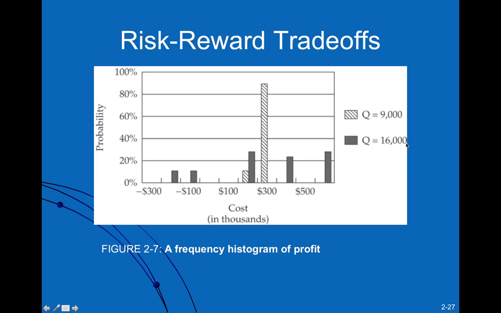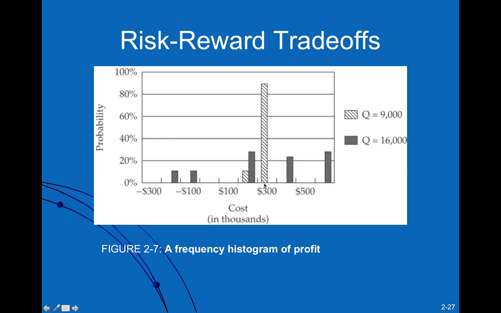But if you looked at 16,000 units, you see here scenarios where you actually could be losing money, and then eventually you start to make money. When you average those out, you end up with the same average profit, but you have some greater risk associated with that on this side.